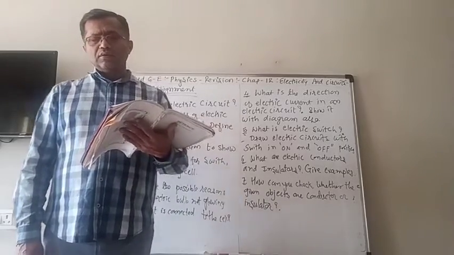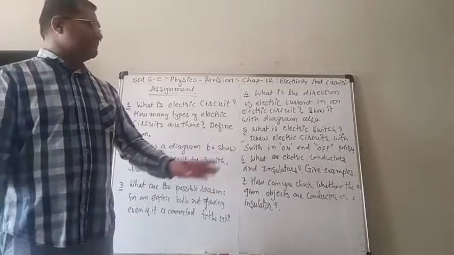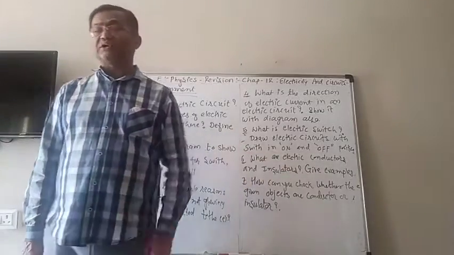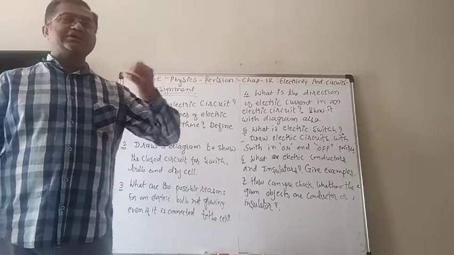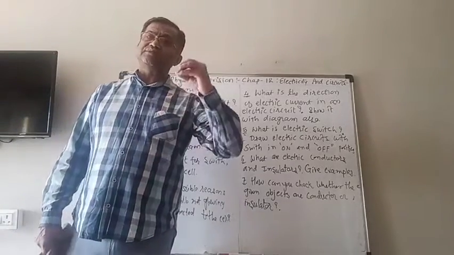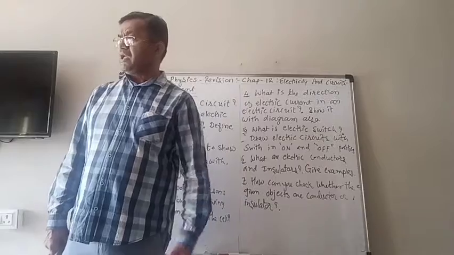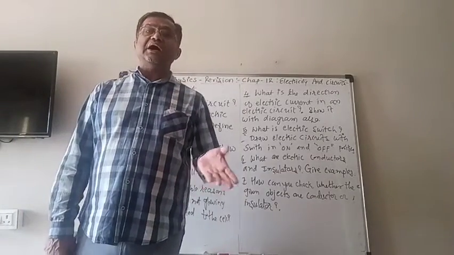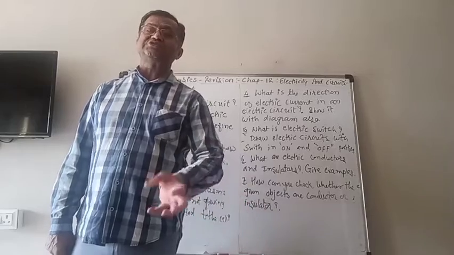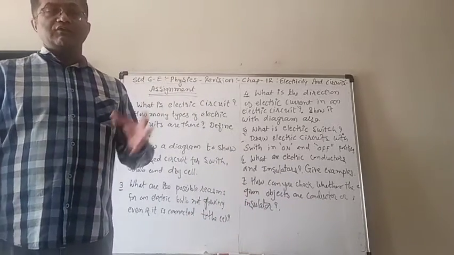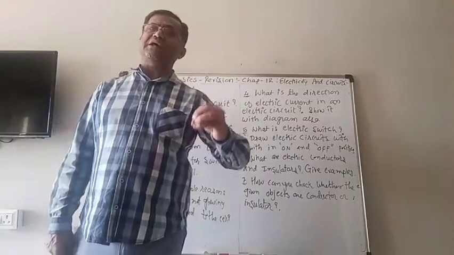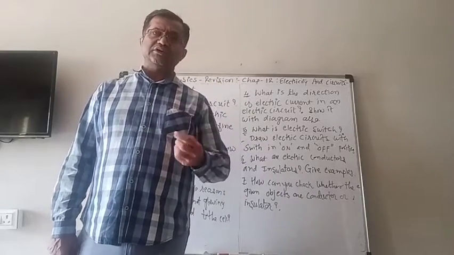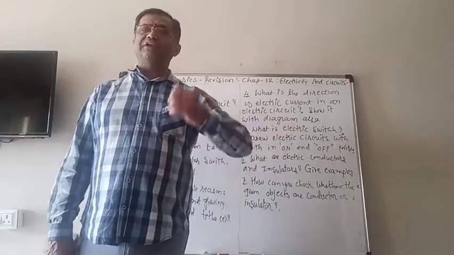Now there are two types of materials, conductors and insulators. What are electric conductors and what are insulators? There are some types of materials which allow the current to pass through them. When they allow the current to pass through, the circuit is completed, a closed circuit, and the bulb will glow.